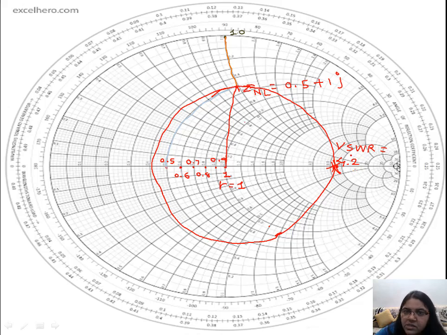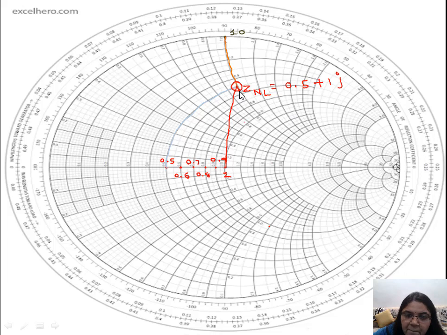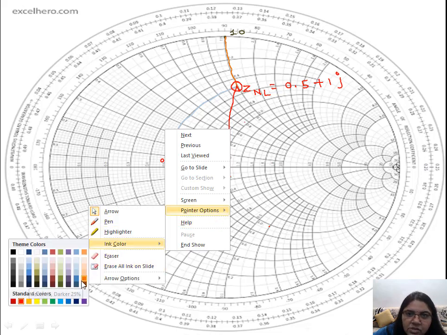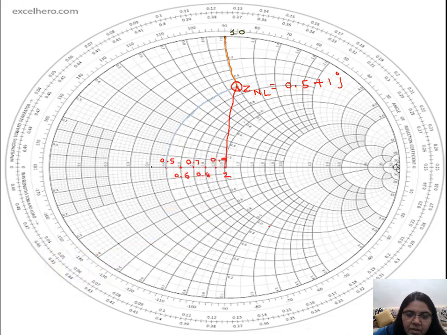So again I am repeating what I did. Find the normalized impedance, fine. Now this is the normalized impedance, and the line is drawn. This is the 0.5 that I have drawn over here, this is 0.5 plus 1j.